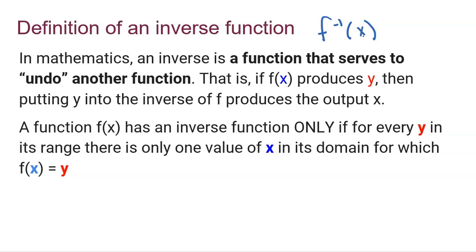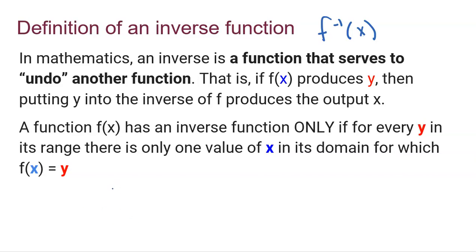Everybody kind of knows that. You are allowed to have different x values take you to different y values or to the same y value. That's fine. But for an inverse to occur, that actually cannot happen, if that makes sense.